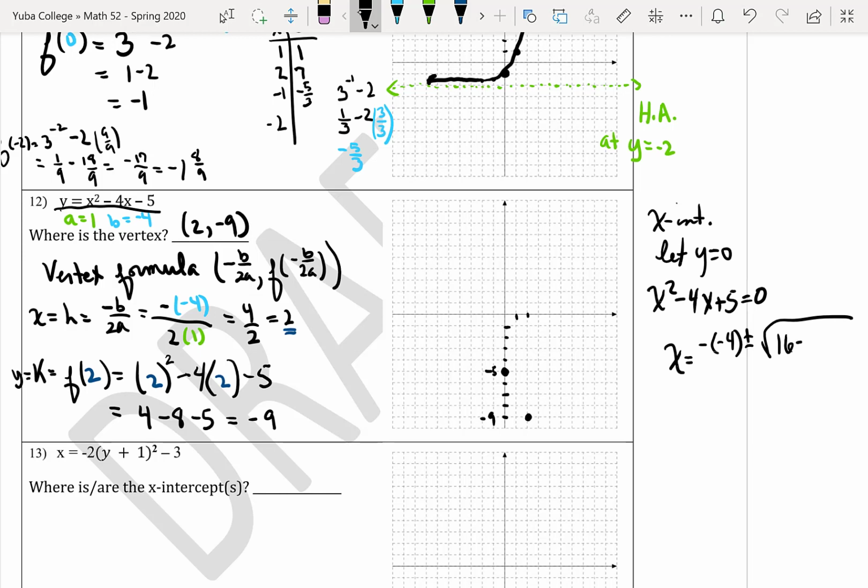So 2 times a, 2 times 1. Okay. So something is off. So negative b over 2a, negative 2.